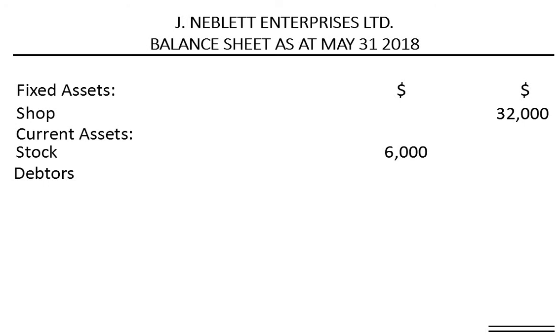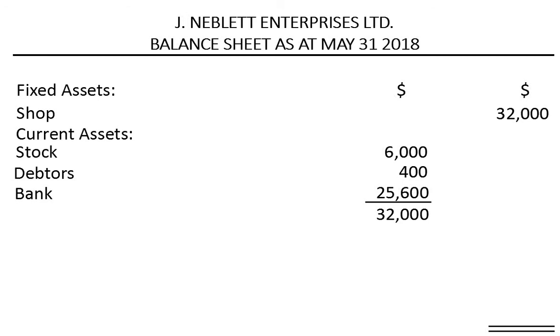Alright, so we start over here on the left hand side of the total columns, and we write our debtors, so that's $400, and our final current asset is the cash you have on hand. Now that's $25,600. So we total our current assets, which will give you $32,000.